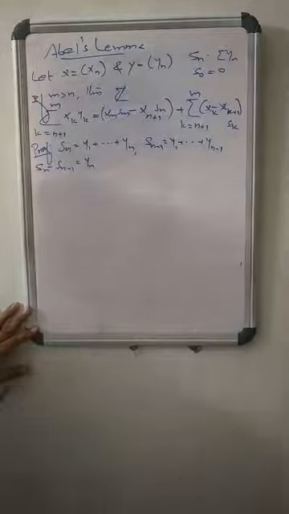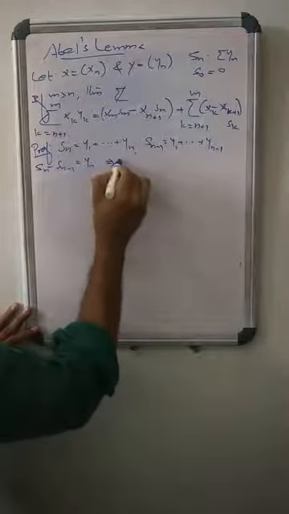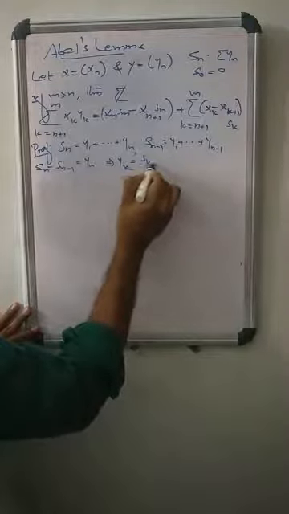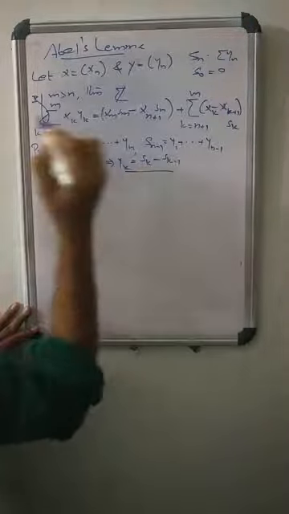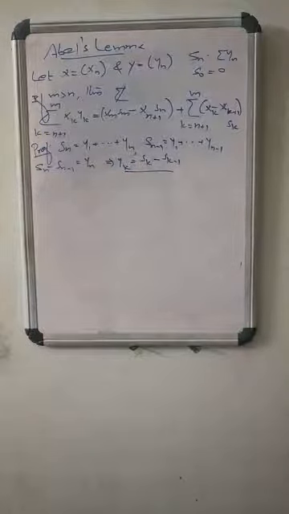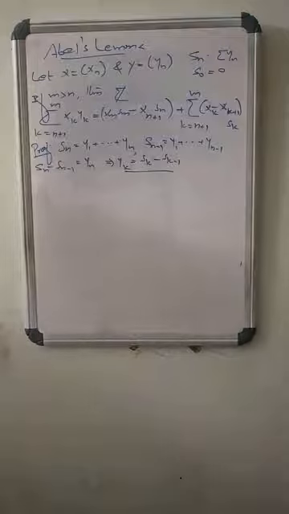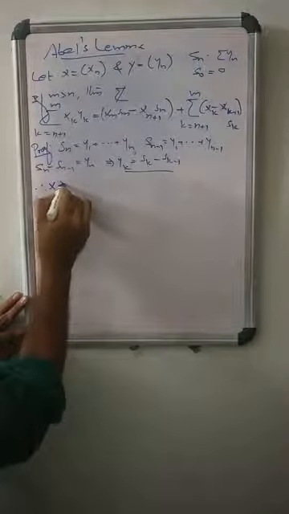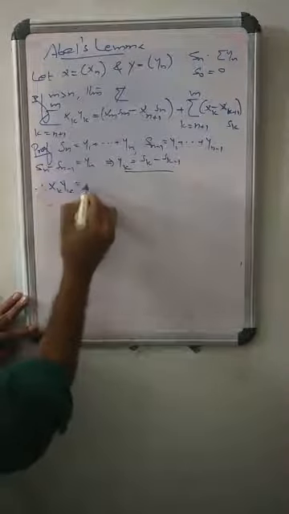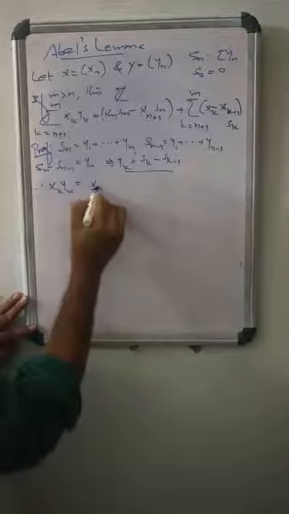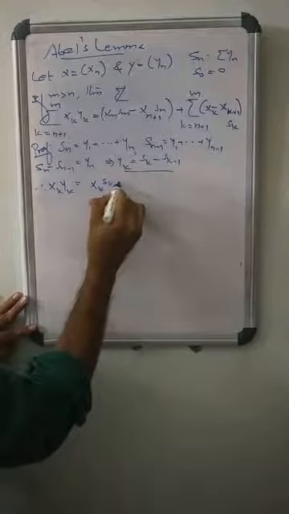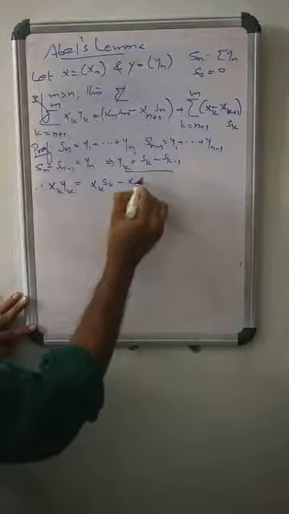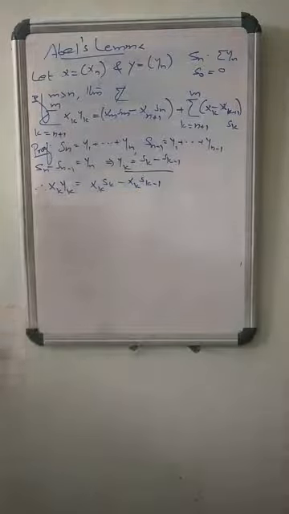That means yk equals sk minus sk minus 1. Therefore, our requirement is xk yk, which equals xk into sk minus xk into sk minus 1.